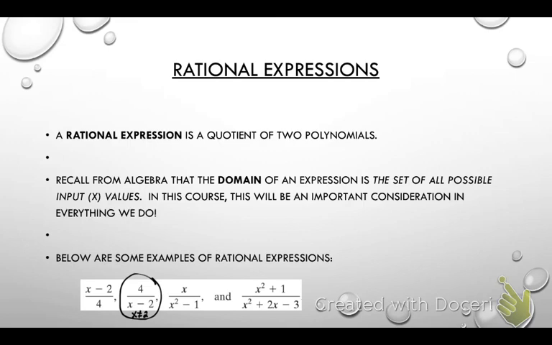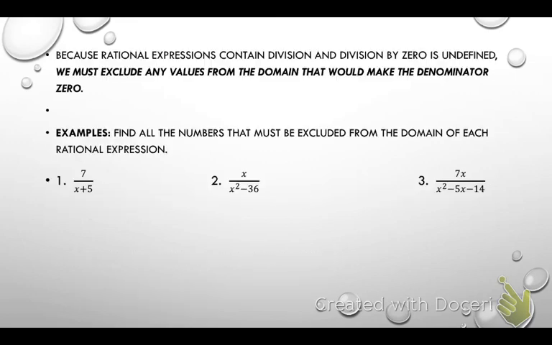Each one, just like before, you would have to see what x cannot be and go from there. Because it's a division problem, we can't divide by 0, and it's undefined if you do that, or it's no solution, or you get an error. You cannot have 0 in the denominator spot.